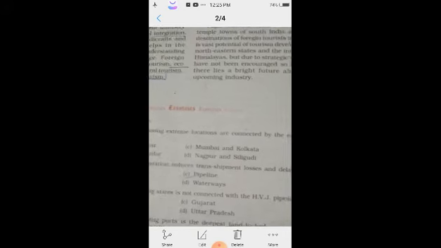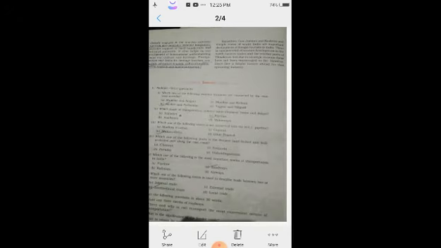Second, it can cross physical barriers like mountains, oceans and deserts. Which are these physical barriers? Mountains, oceans and deserts. Third, it has made remote areas like Ladakh and Northeast India accessible to other parts of India.